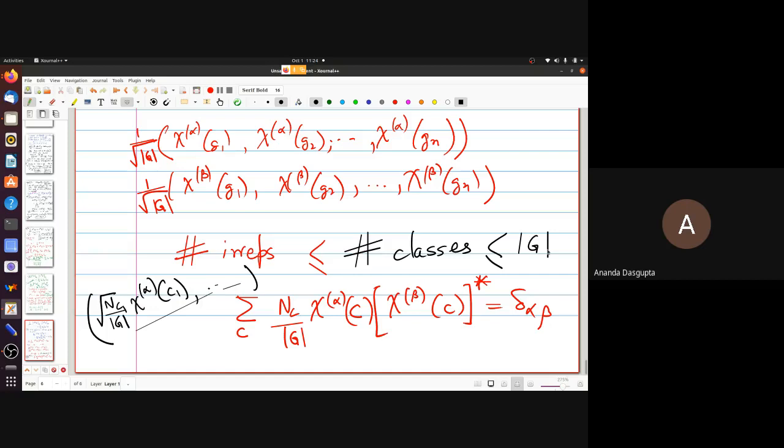So this is a huge simplification. Remember, so far we had no clue. We could have infinitely many inequivalent irreps for all I cared. At least as far as I knew, the number of inequivalent irreps for a given group could be infinitely many. And there are infinite groups for which these are infinitely many. But we have actually shown a huge restriction.